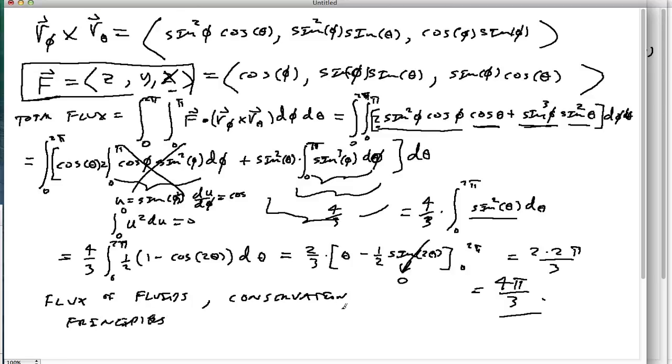When we want to know how much stuff is going through a region, we can put a sphere around it, if that's a region of interest, and then calculate how much is going in and going out, and the net flux going through things. It'll be very important for electric fields and so on. So this is a really important tool that we have, and this integral right here becomes incredibly important for us. So thank you very much.